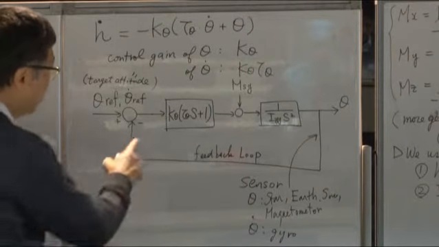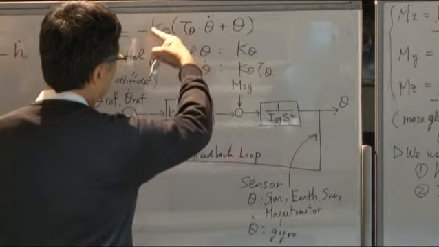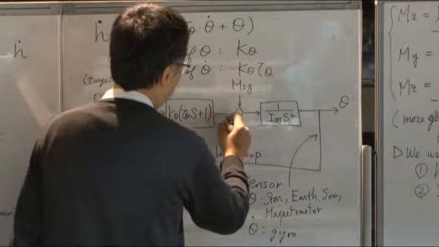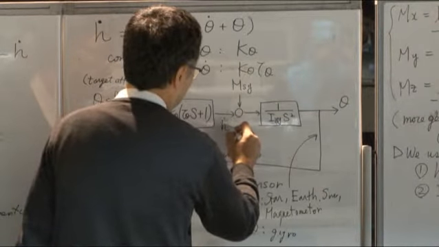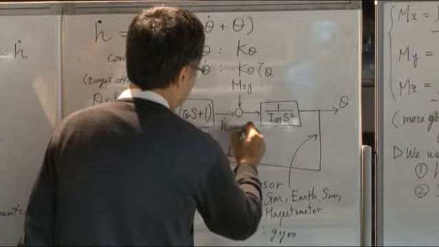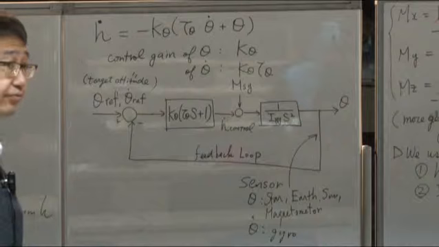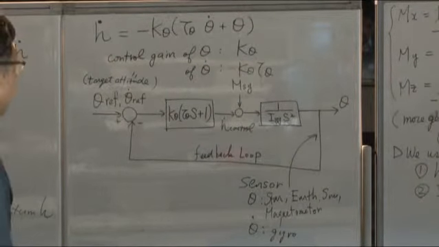And then this difference goes through the feedback law, and we can obtain the control H dot. So this is the required H dot.